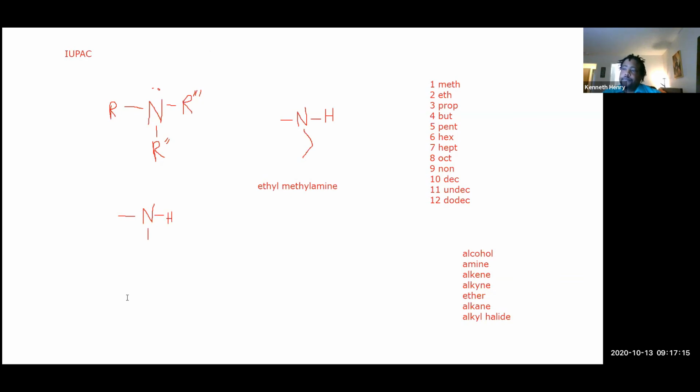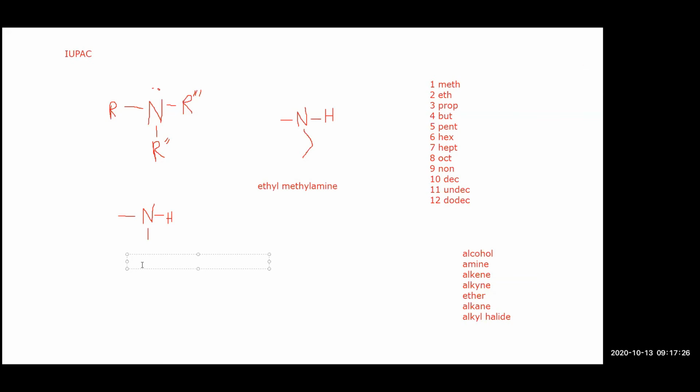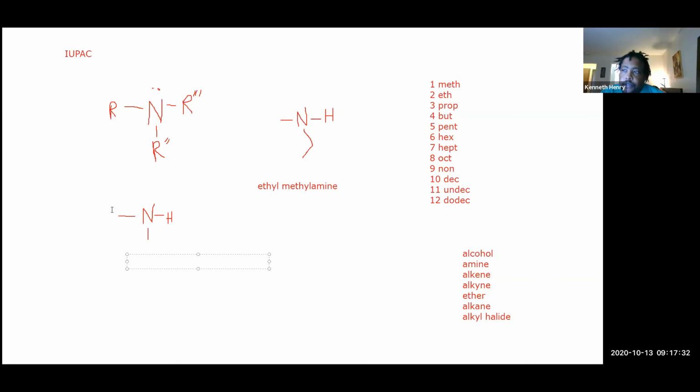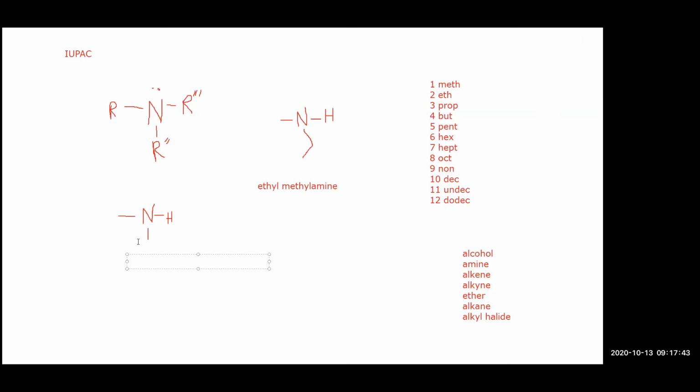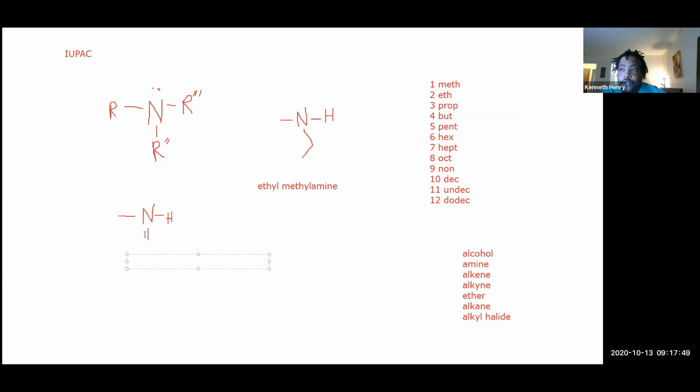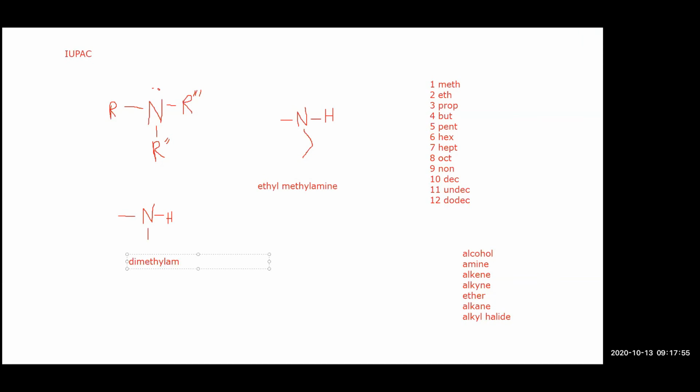What do you think this guy is going to be called? Just ethylamine. How many carbons are coming off of here? 1. How many carbons coming off of here? 1. So what do you think it's going to be called? Dimethyl. It would be di because we have 2 methyl groups, right? So then we call this dimethylamine. Does that make sense, Mandy?